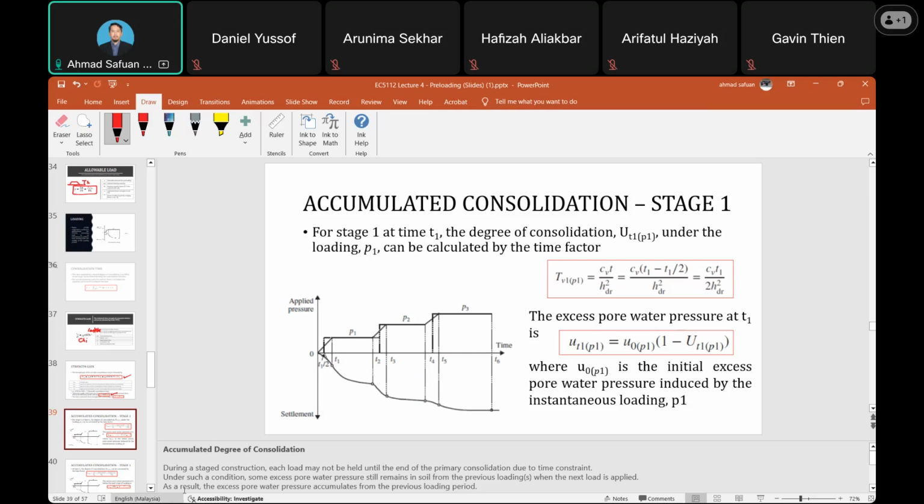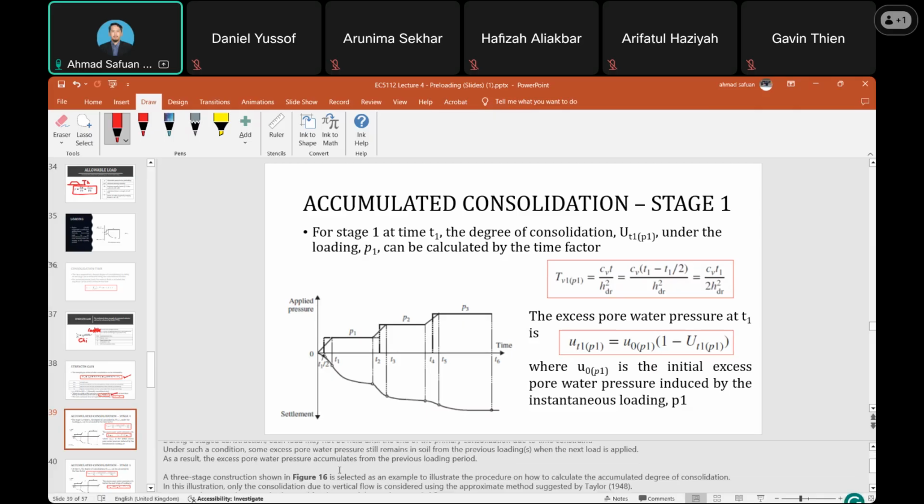Okay. So during the stage construction, each loading may not be held until the end of the primary consolidation due to the time constraint. Under such condition, some excess pore water pressure still remains in the soil from the previous loading when the next load is applied. As a result, excess pore water pressure accumulates from the previous loading period.